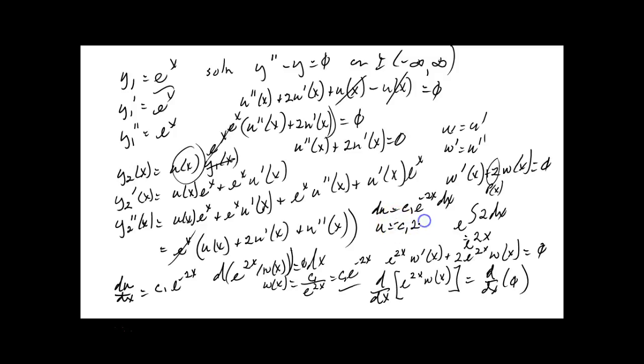Minus 2 e to the minus 2x. I think we put a plus C2 in here. Because it's not a definite integral, it's an indefinite integral, so you need another constant.